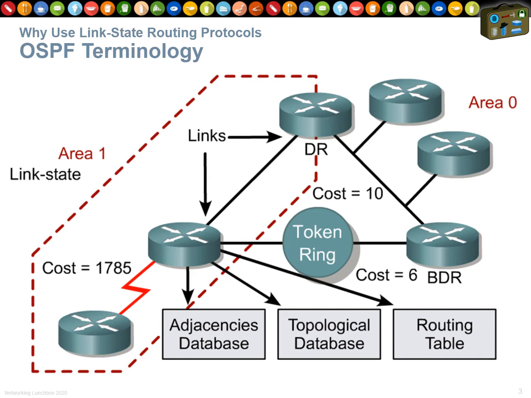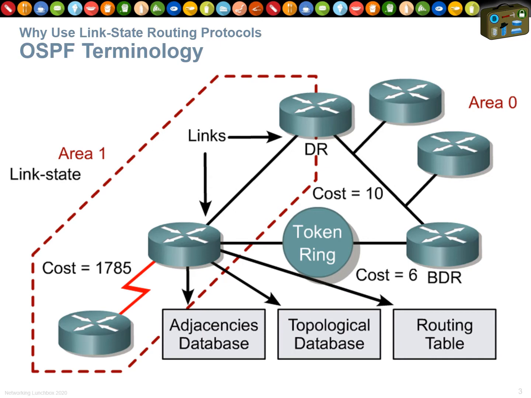The cost. The primary metric of OSPF is cost. Cost is the inverse of bandwidth. So the faster the link, the lower the cost. So as you can see over here on this side, we have a 10 megabit link, and that's going to cost a 10. Token ring typically used to be a 16 meg, so that's why it's going to cost a 6.